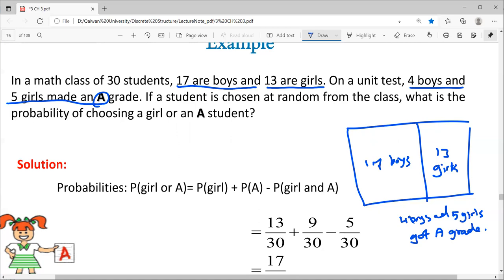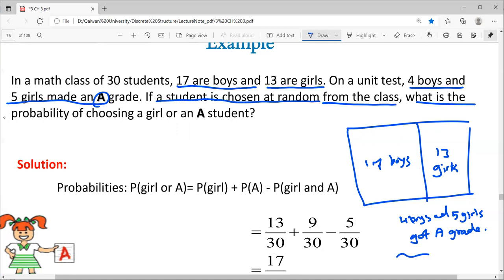If a student is chosen at random from the class, what is the probability of choosing a girl or an A student? I mean, if we choose a student, what's the probability that the student is a girl or is from the students who got an A grade?